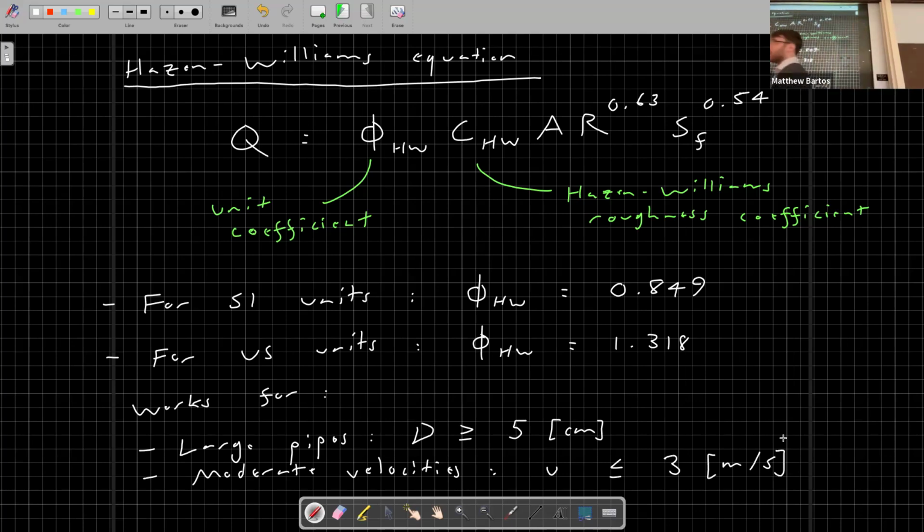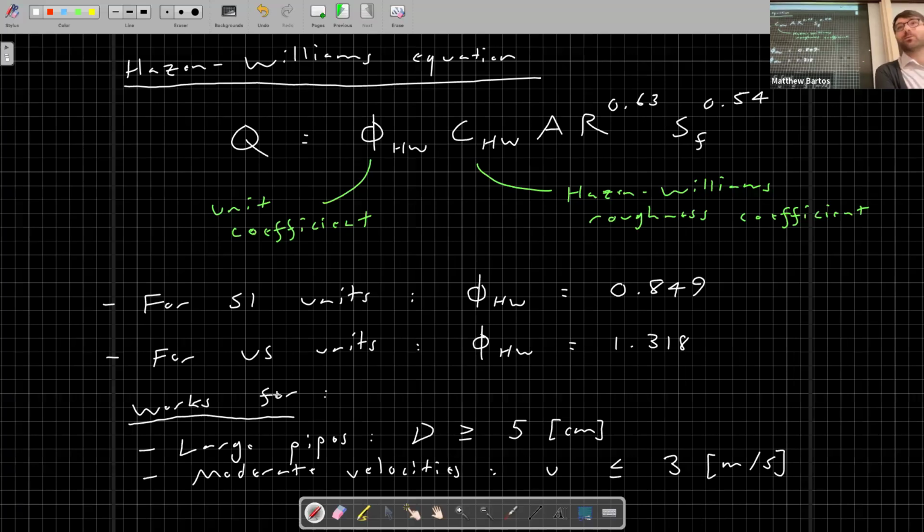So this is really tuned towards design of water distribution networks, where you'll generally be dealing with larger water mains where water is not moving super fast. If you're looking at, let's say, a chemical processing plant where you'll have smaller pipes and fluids traveling through those pipes, this would not be a good approximation.